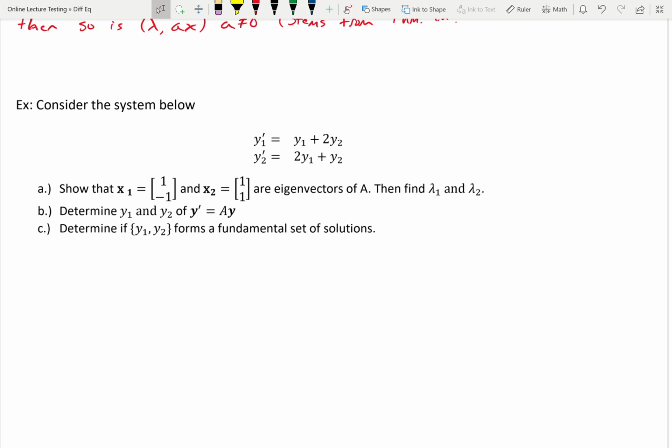The next thing I want to do, once we find what the two eigenvalues are, is find the two solutions, y1 and y2, of our homogeneous system. And then, can I determine if this forms a fundamental set of solutions? The very first thing that we need to do when we're solving this is a rewrite.